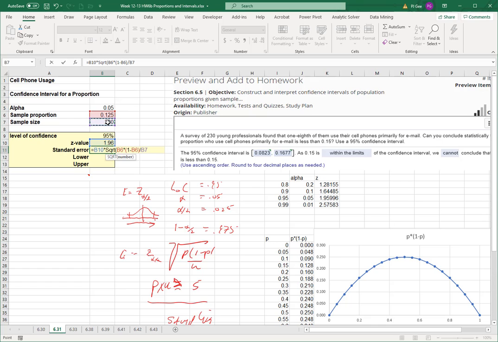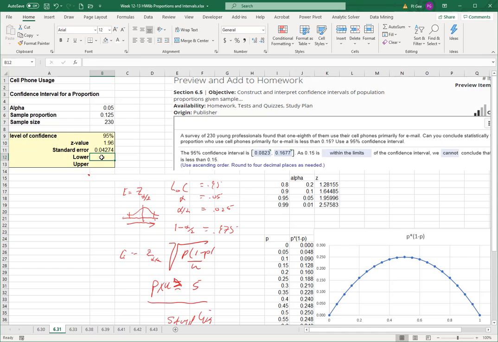We did that already. Square root of that. That looks good. Let's see if it looks reasonable. Our standard error is such. So we had 0.125 plus or minus about 4%. It's 12.5% of the population plus or minus 4%.